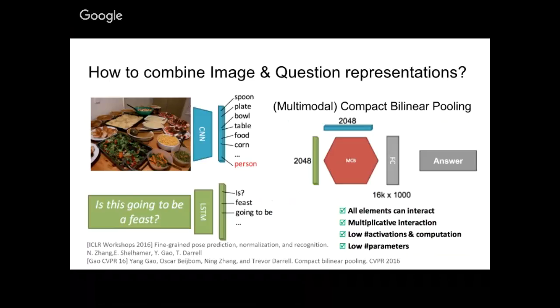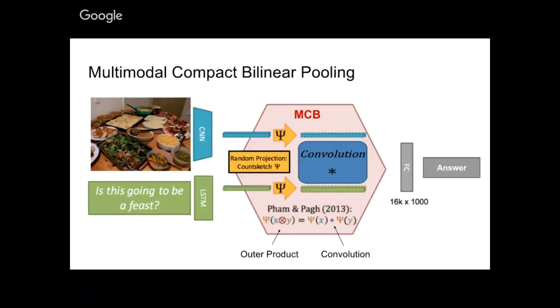And how do they do this? What they propose in this multimodal compact bilinear pooling is to first apply a random projection to each of the two vectors, and after this random projection is applied, they apply a convolution over the two vectors.